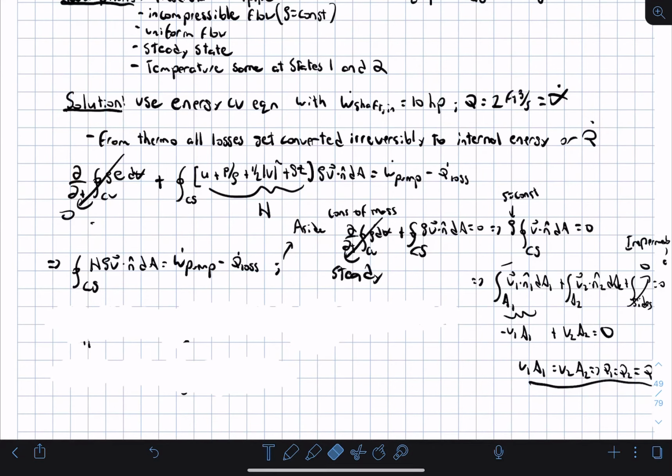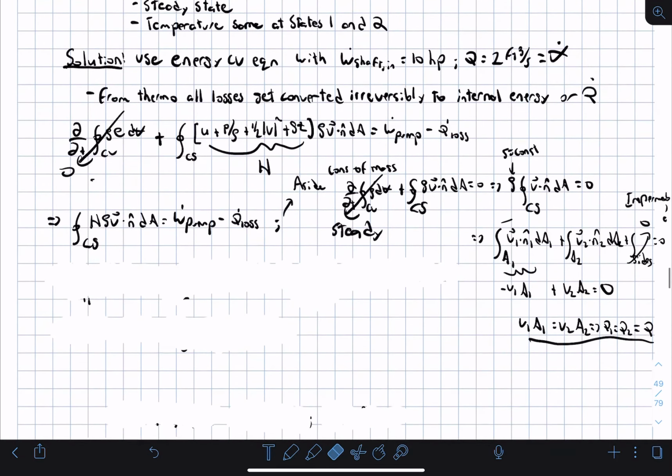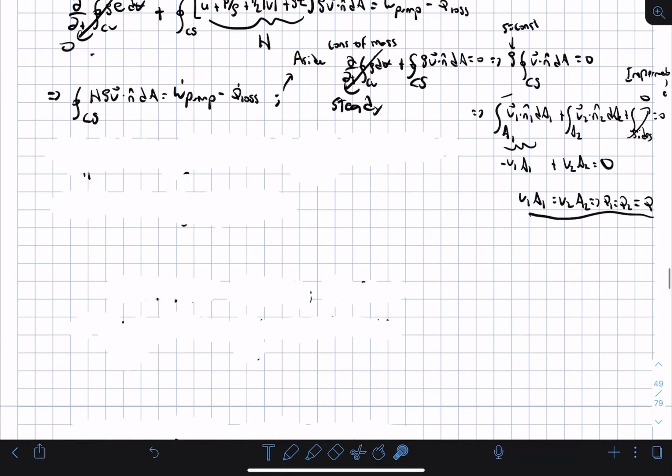Then we can show that v1 A1 is equal to v2 A2, which implies that the volumetric flow rate is the same leaving the lower reservoir as it is entering the second reservoir, and that's just equal to Q, the volumetric flow rate, or V dot.